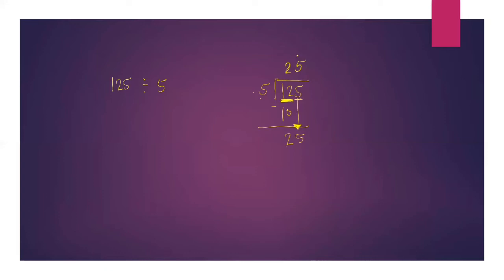So, 5, multiply natin sa 5. Hindi po 25 ha, yung 5 lang natin. 5 times 5 is 25. Then, subtract, it is 0. Since we don't have a remainder, we can write that 125 divided by 5 is 25. Since this is the quotient.